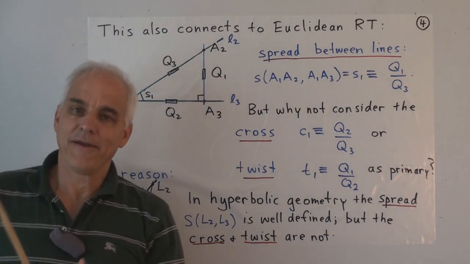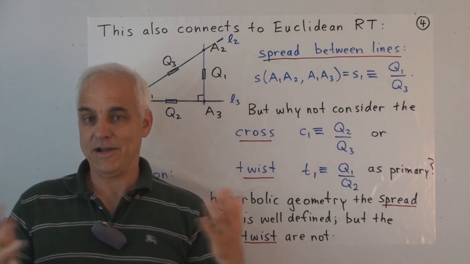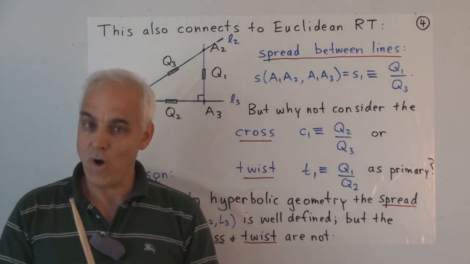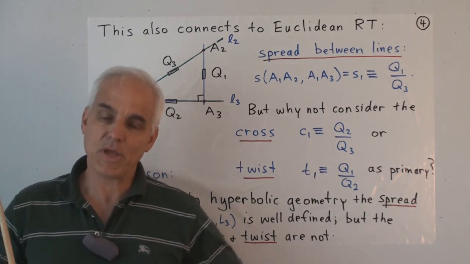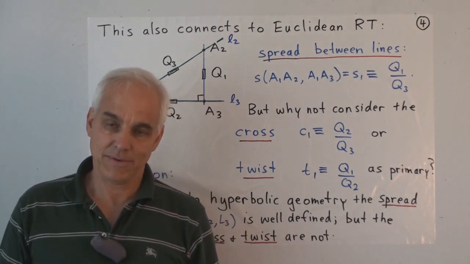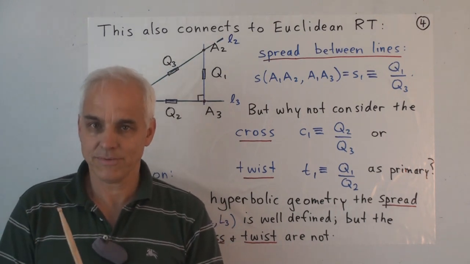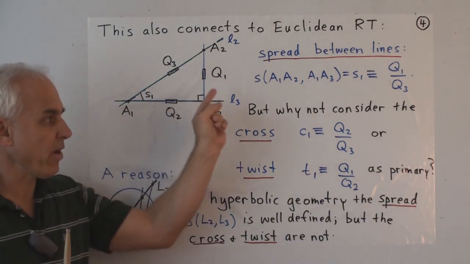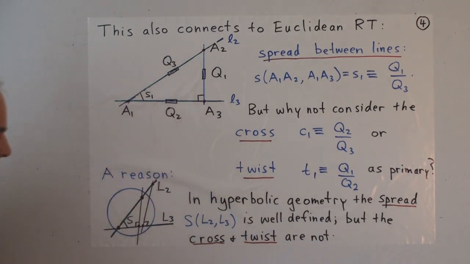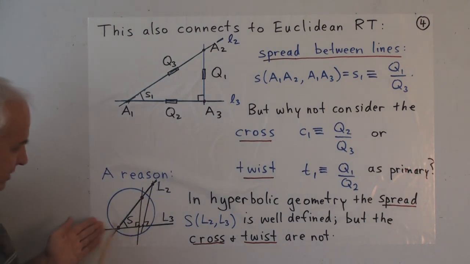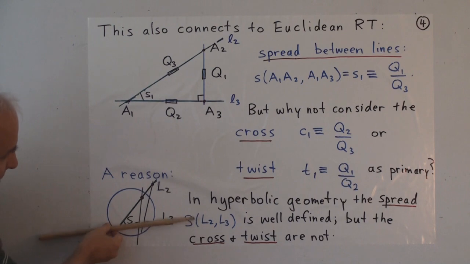So now I can give you a kind of sophisticated reason why the spread is in fact the primary quantity. It's because when we go to the projective setting, that is hyperbolic geometry, it's exactly the spread that is a well-defined concept between two lines. So here is now the hyperbolic setting. Here we have two lines, capital L2 and capital L3, and we're interested in defining some object or number between them.